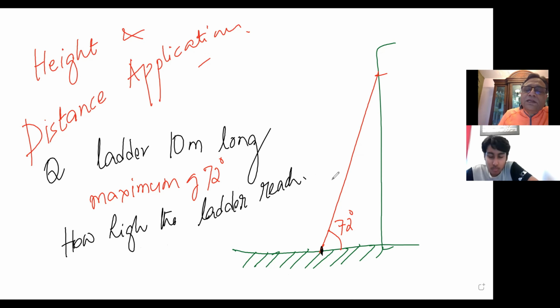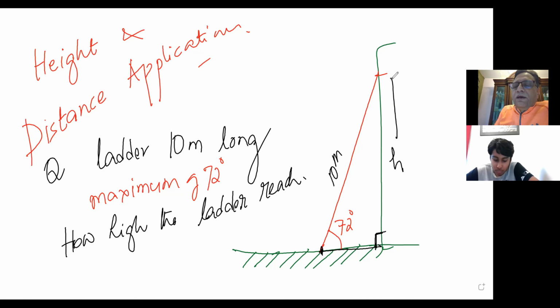So the ladder length is 10 meters, correct? Yes, sir. And the angle of the ladder with the floor, which is assumed to be horizontal, is 72 degrees, and the building is perpendicular. You have to find the height h. How would you find this height?